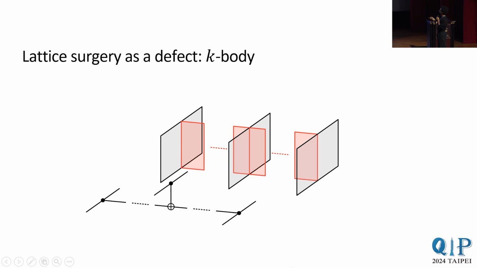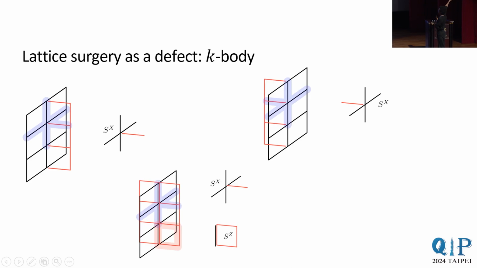And this gives you a long lattice surgery patch with certain boundary terms when it comes into contact with the surface code patches that it interacts with. Great, and because we have this abstract topological defect language, we can also derive whatever the stabilizers are supposed to be.